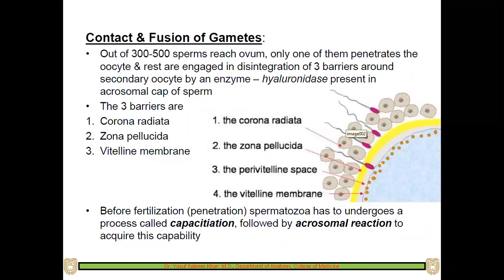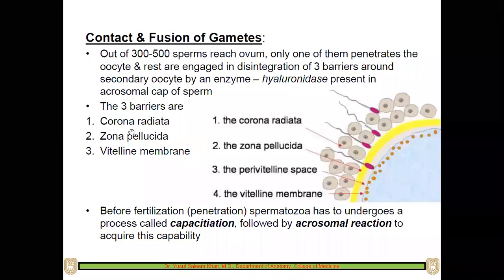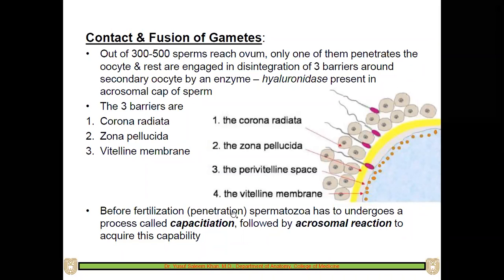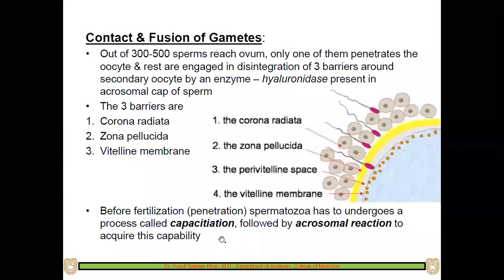The oocyte is the female gamete. Now these three barriers are broken down before fertilization, before penetration. Fertilization means penetration of the sperm. If you see here, these are the different sperms, and one is penetrating. Before penetration, the spermatozoa has to undergo a process called capacitation.